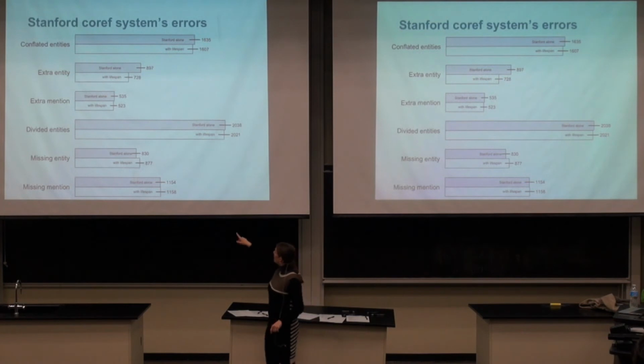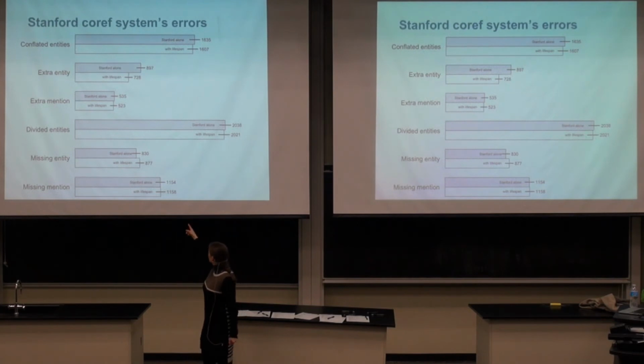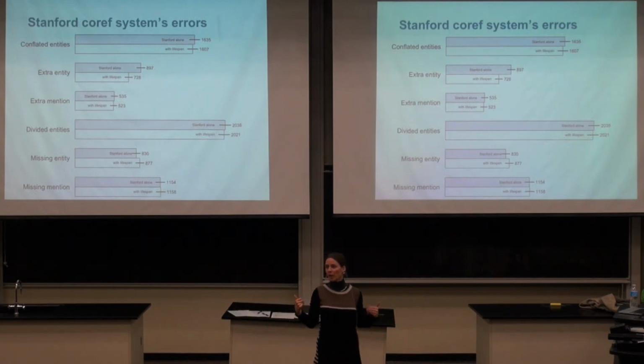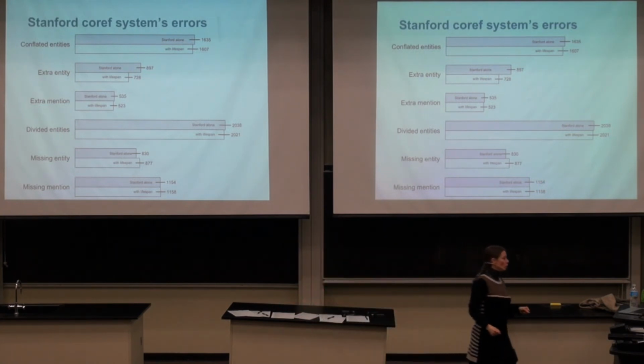And we can see in the two bottom lines why recall is dropping: because we do a lot of missing entities and missing mentions. And that makes sense, right? Because 90% of the time we were correct, but from the start we discard mentions, so there is no way the system can put them back in. Does that make sense? So of course, recall is going to drop.